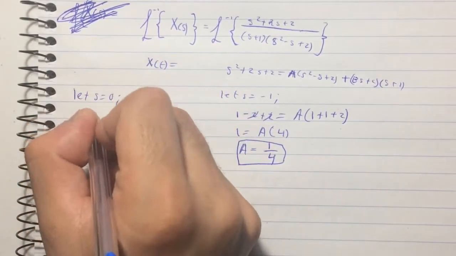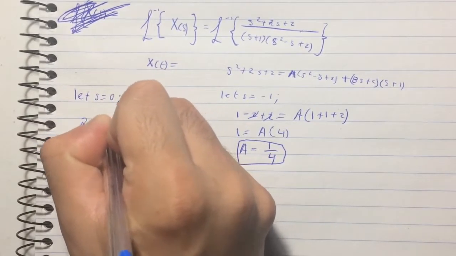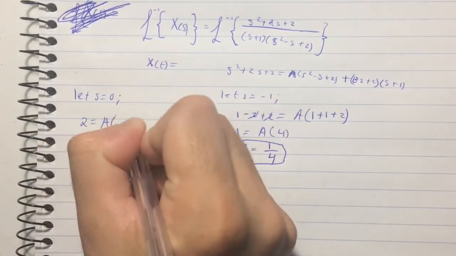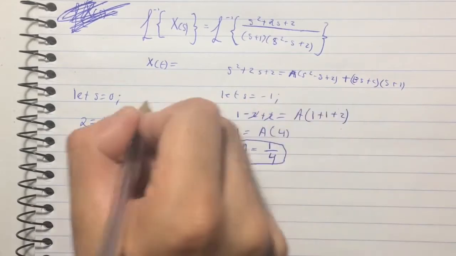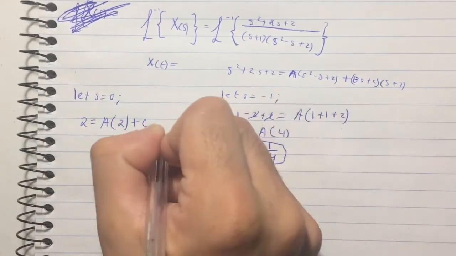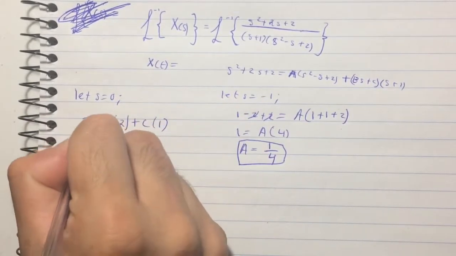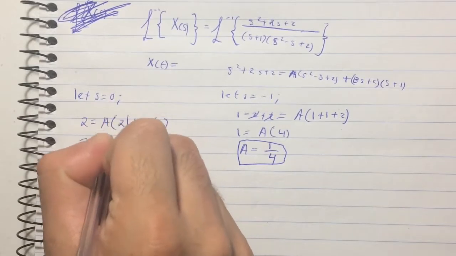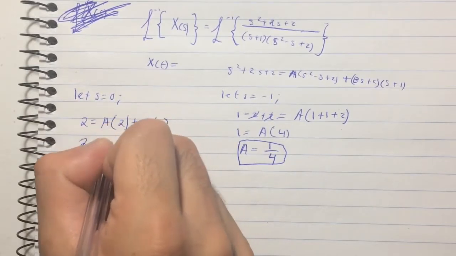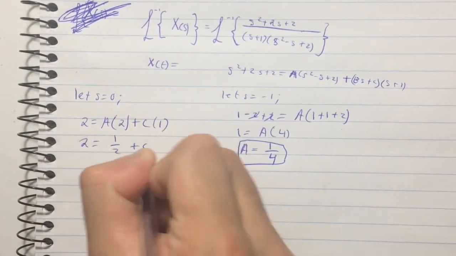So 2 is equal to A, which is 1/4, multiplied by just 2, plus c, multiplied by 1. So 2 is equal to 1/4 multiplied by 2, which is just 1/2, plus c.